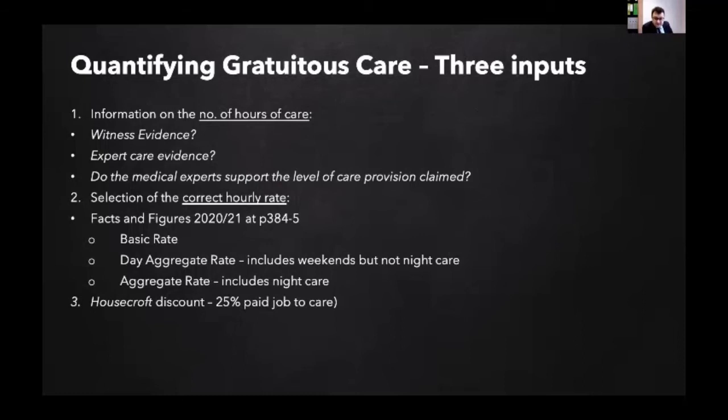Because of that, there's now another tool in a claimant's box, and that's just to apply the day aggregate rate. You may find that is a more appropriate rate to use in certain cases. Of course, if you're acting for a defendant and you see the aggregate rate still pleaded, you can really go to town on that and rely on Noble and Owens, rely on Downing, and plead that that rate is simply not appropriate.